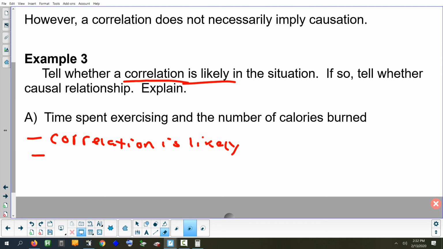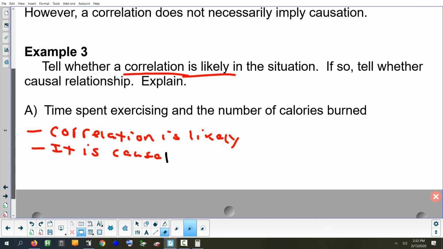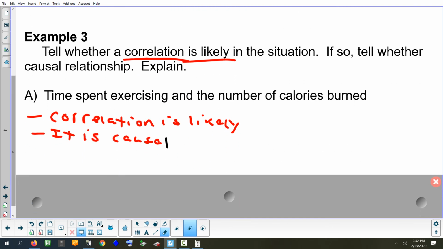So yes, there's a connection, and it is causal. Causal means you change one, it has to change the other. That's what we wrote right here. Causation. Causal. Same thing. All right. It helps. Let's look at one where it's not.